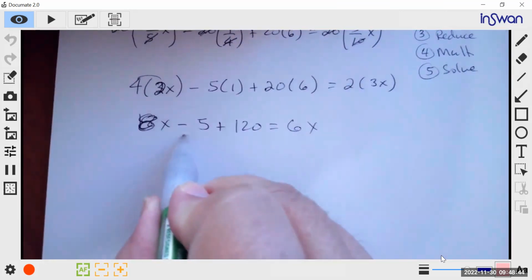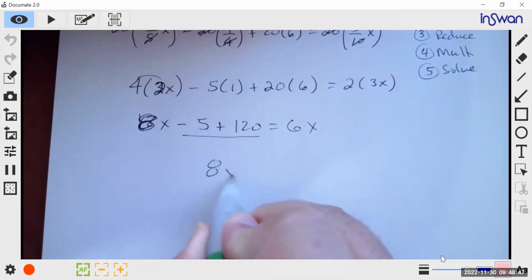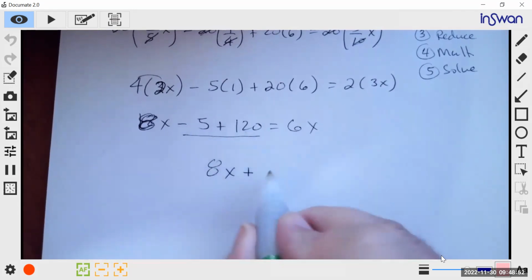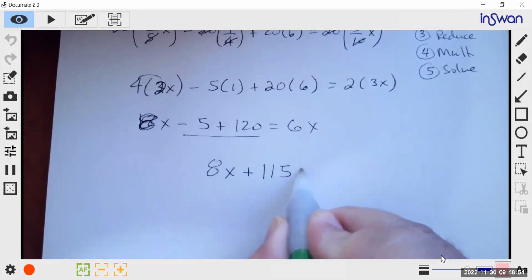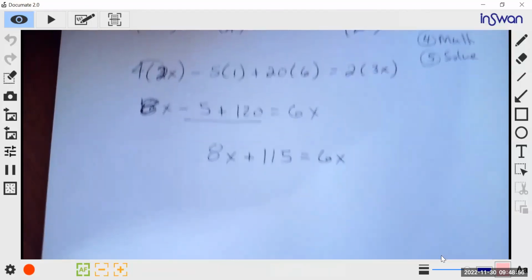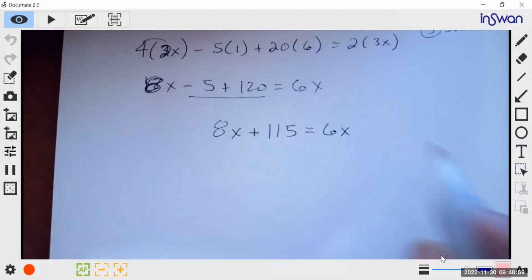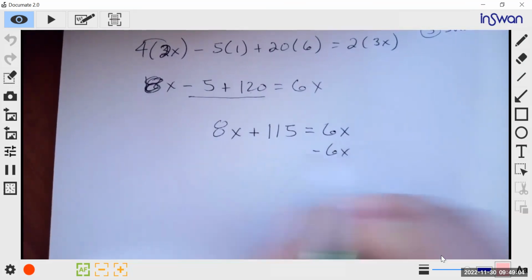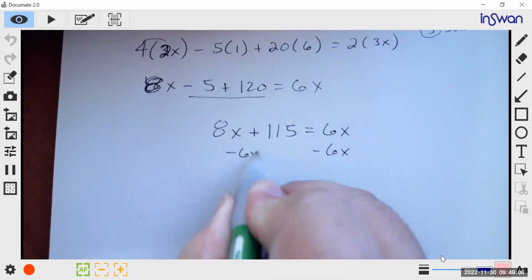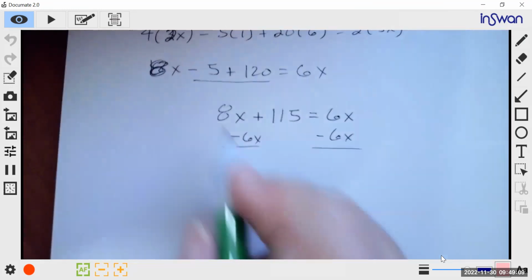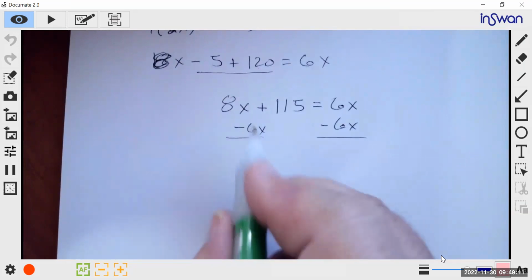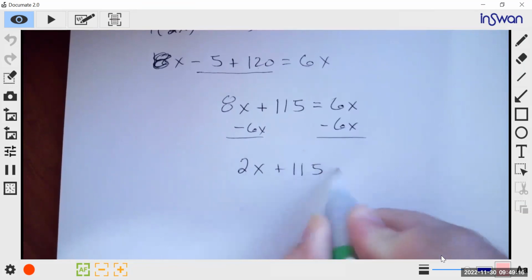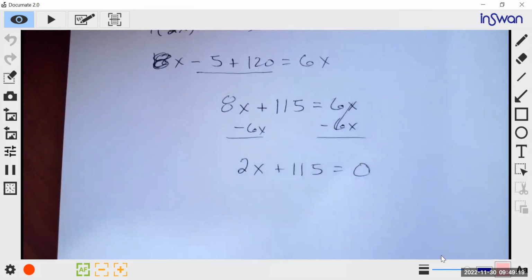Let's combine like terms. So we have 8x. Since 120 is bigger, the answer is going to be positive. 120 minus 5 is 115. Move the smaller x to the larger x since we have x on both sides. 8x minus 6x is 2x plus 115 equals 0.